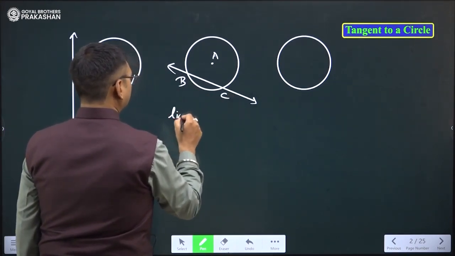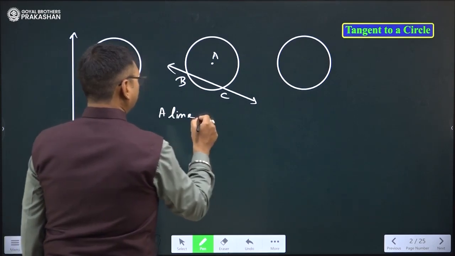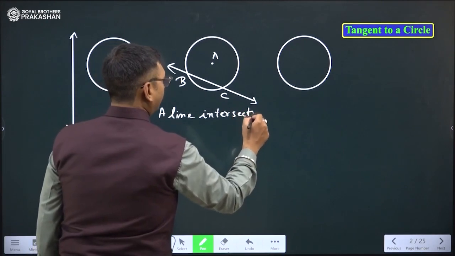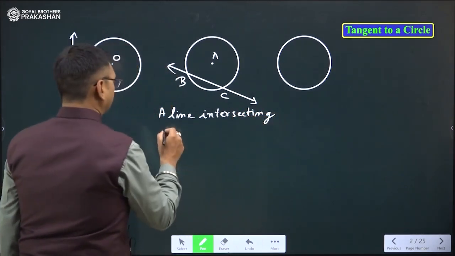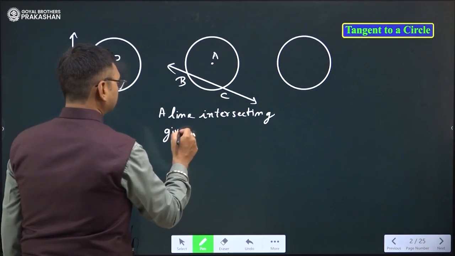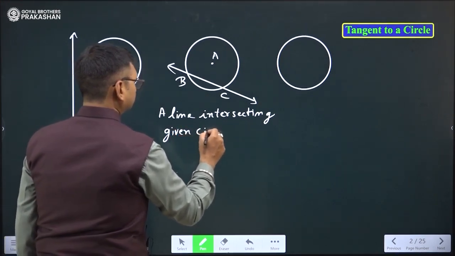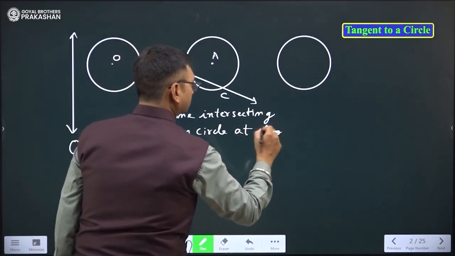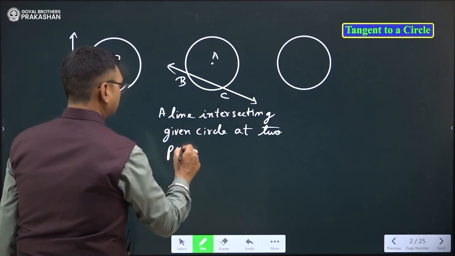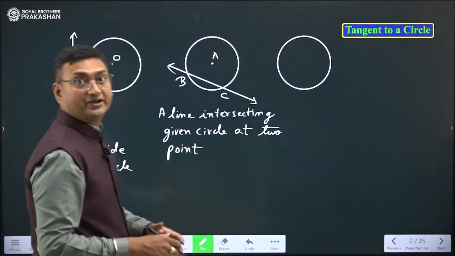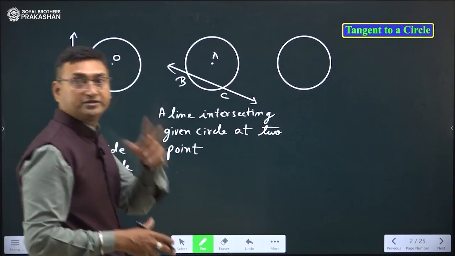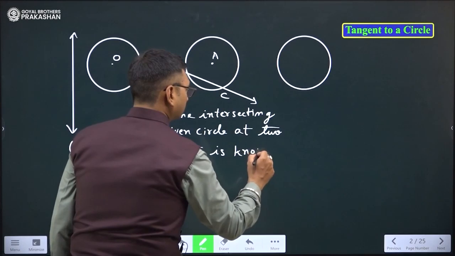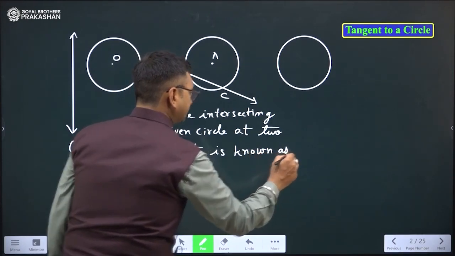A line intersecting the given circle at 2 points is known as a secant.